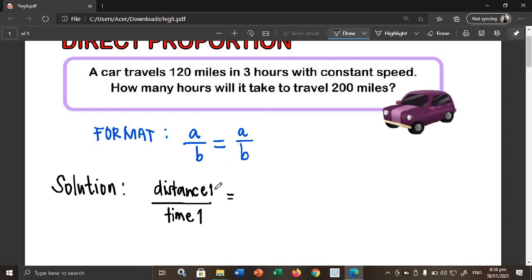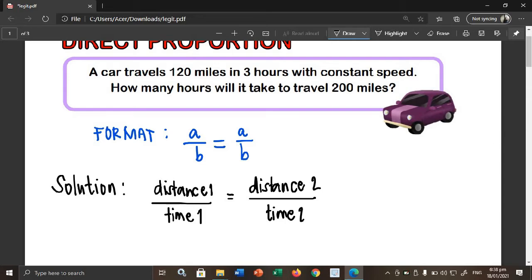The first given distance and first given time is equal to distance 2 and time 2, the second distance and the second time given.